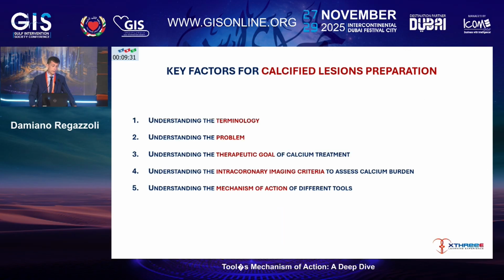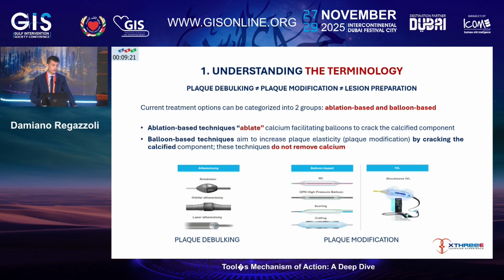So before moving on into a deep dive of different tools, let me just spend a minute clarifying our terminology, because we sometimes use the words plaque debulking, plaque modification, and lesion preparation in a similar fashion, but they are not the same.